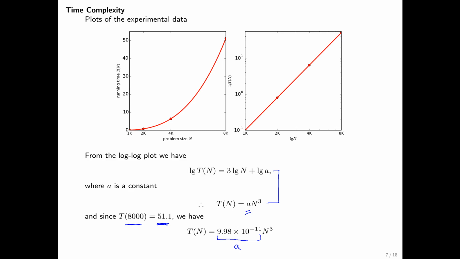Now, before proceeding, I should remark on one point, which is that this number here depends on the computer on which you're running this program, the computer that you used to gather the experimental data.